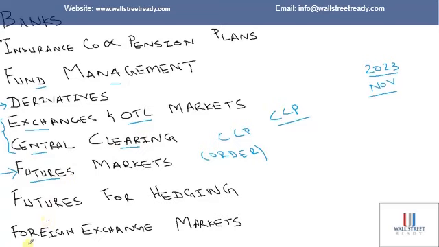For example, foreign exchange markets, futures for hedging, and of course fund management is an easy section, but still you need to make sure you understand some of the calculations. And again, insurance company pension plans is an easy section, but it's still important that you understand. And in the next section I will cover some other topics, forwards, futures, options, etc., which are more calculation-heavy topics.